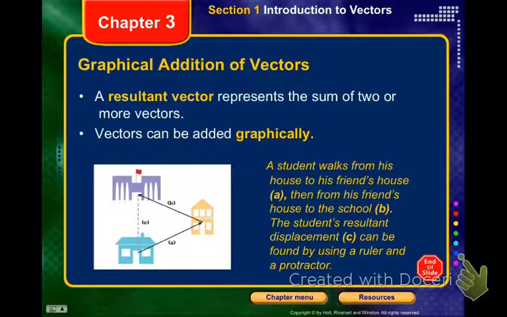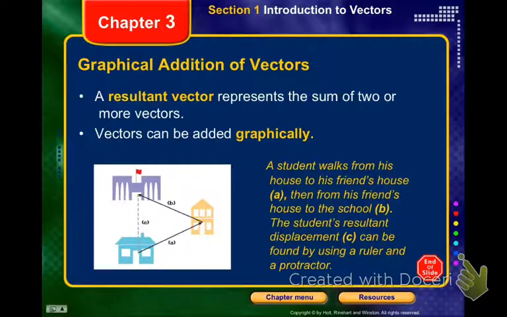It gives an example. It shows you a friend's house, the school, and then the student's displacement as they walk from their own house, and the dotted line is what's considered the resultant. So from your initial point to your final point, even though you may have taken some type of crazy path to get to that point, the resultant is typically going to be the main part of what we're looking at.